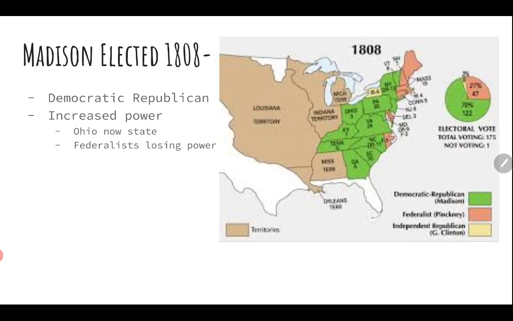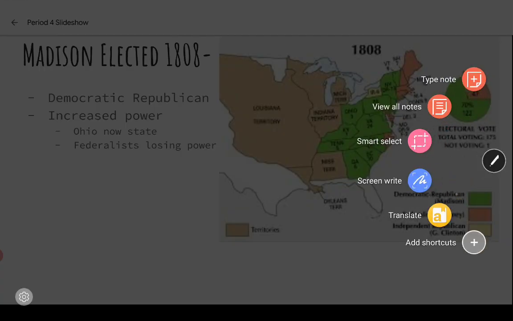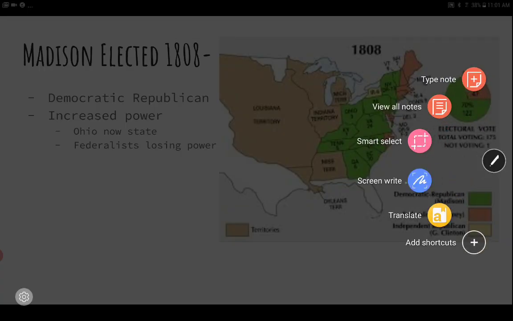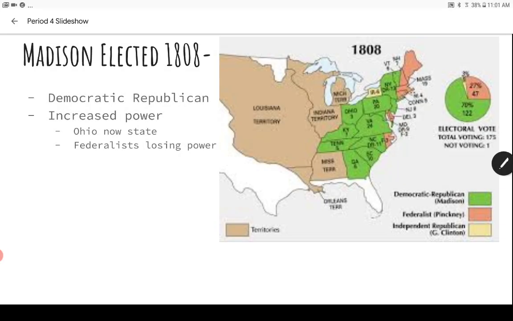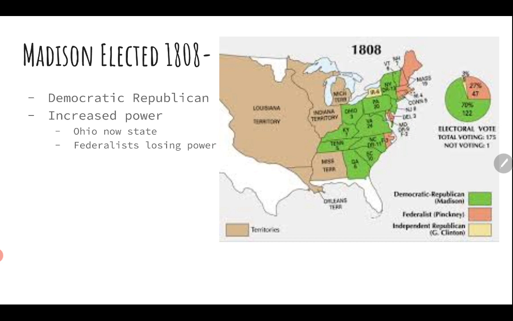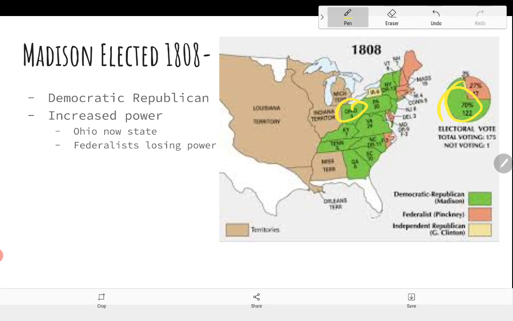So Madison is our next president, and he is elected in 1808. He is also a Democratic Republican, and one of the things to notice is how many people are Democratic Republican now, right? And also, as we have these new states coming in, before we have Ohio coming in, right? But we have 70% of folks are Democratic Republican.